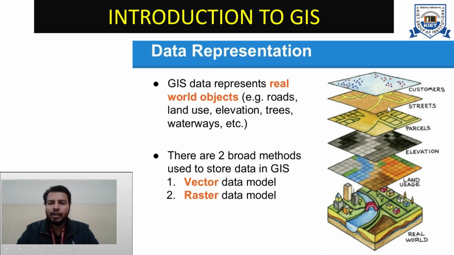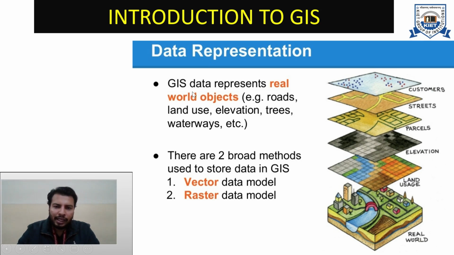Then in another layer you can have some navigation maps, or show roads. You can have more layers showing who the different users or individuals are. So we can model this type of real world into a digital representation. Those are the operations involved in creating a GIS system.